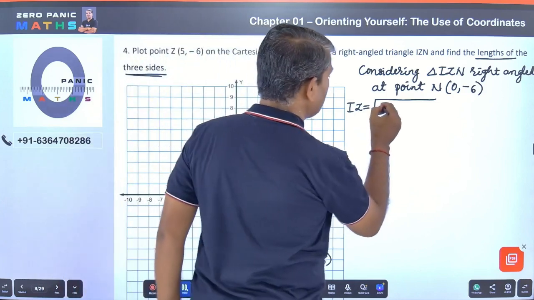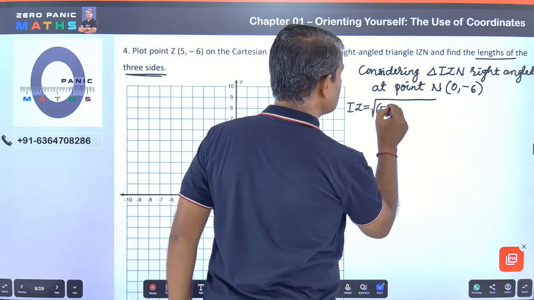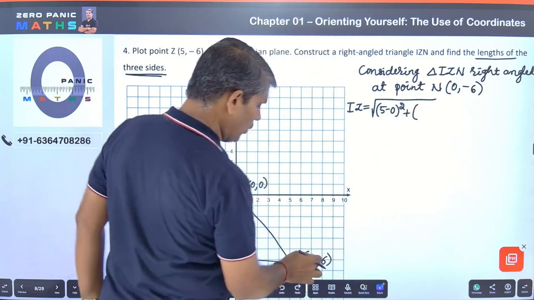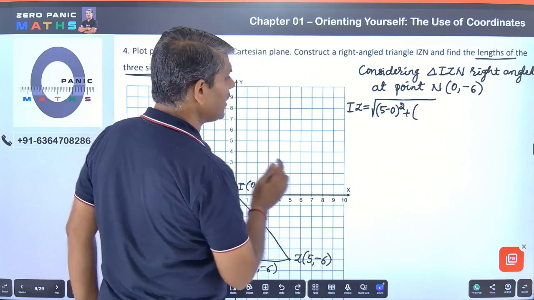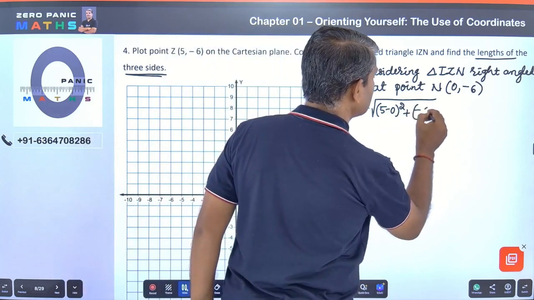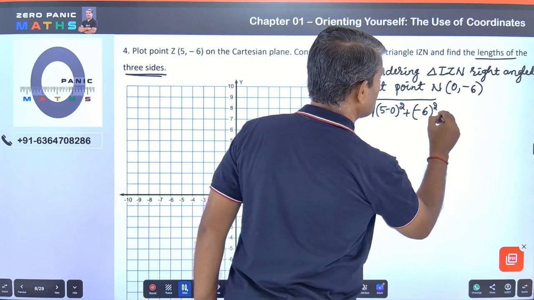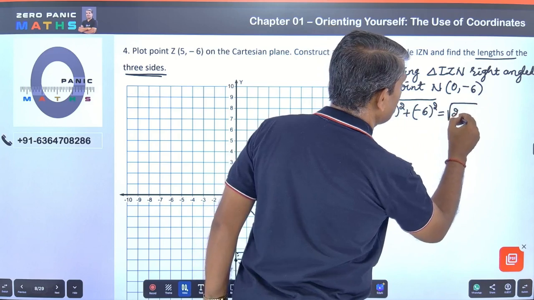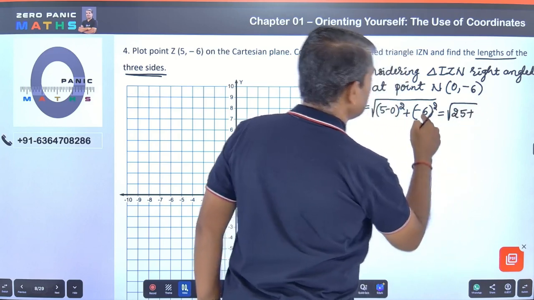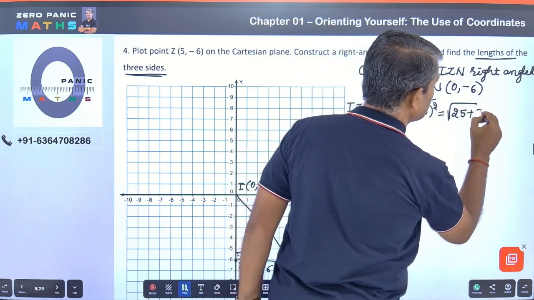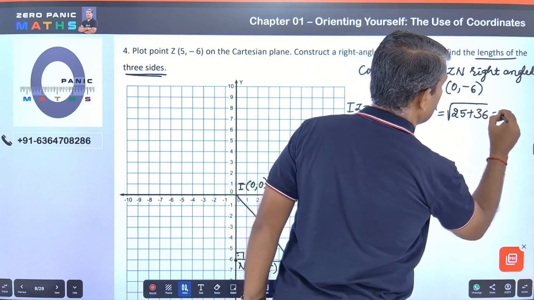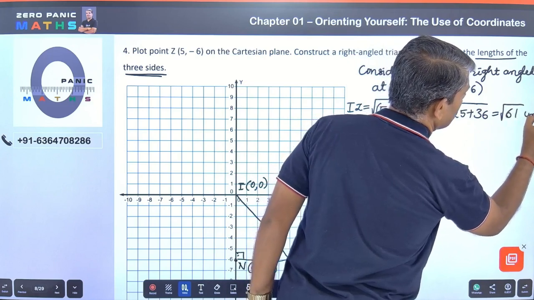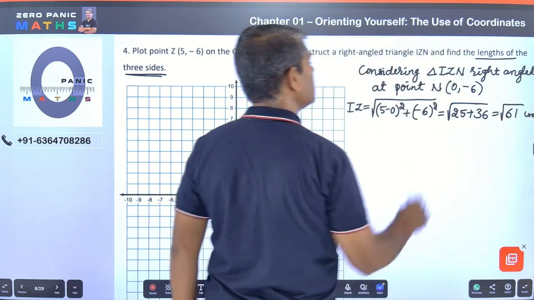So it will be (5 minus 0) whole square plus (-6 minus 0), that is -6 square. So 5 square is 25, and -6 square is 36. It will be root 61 units.